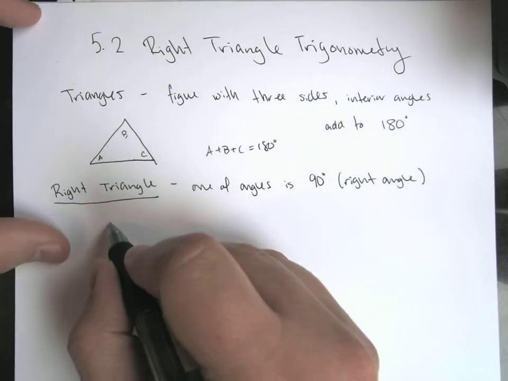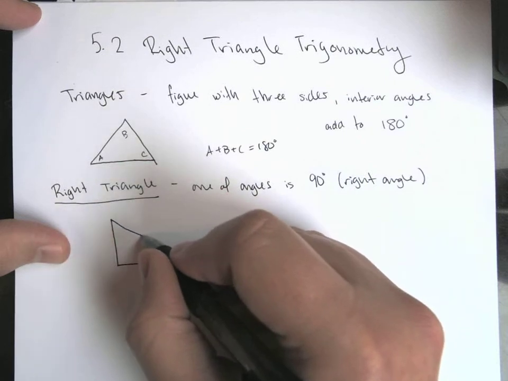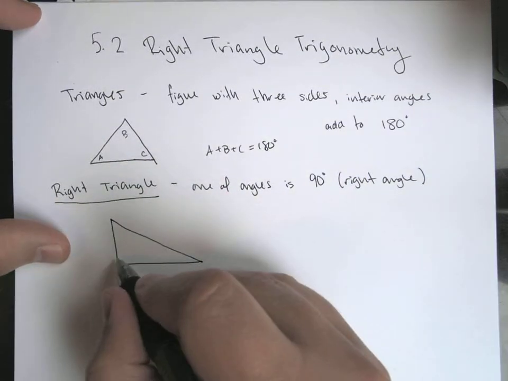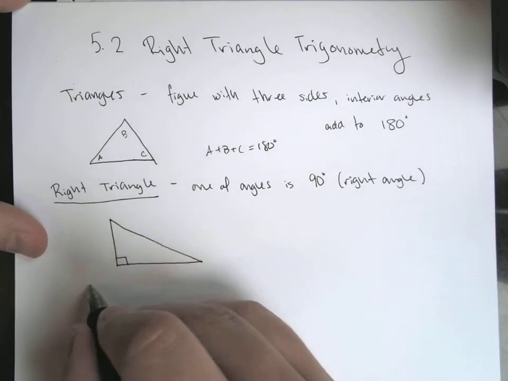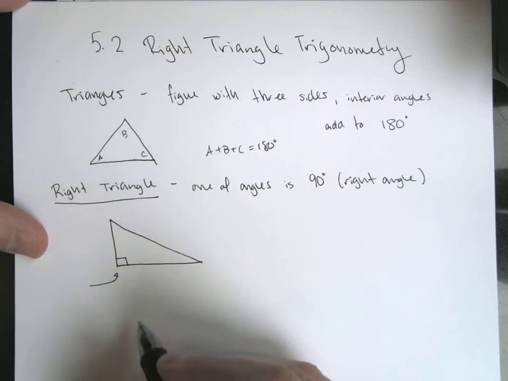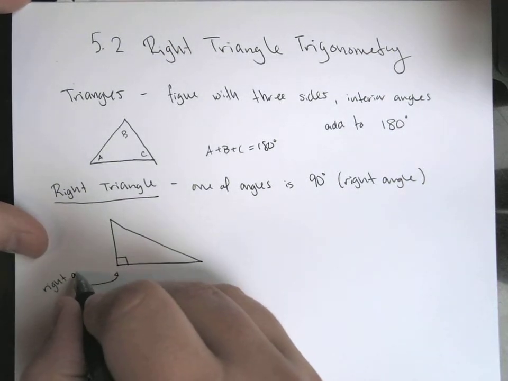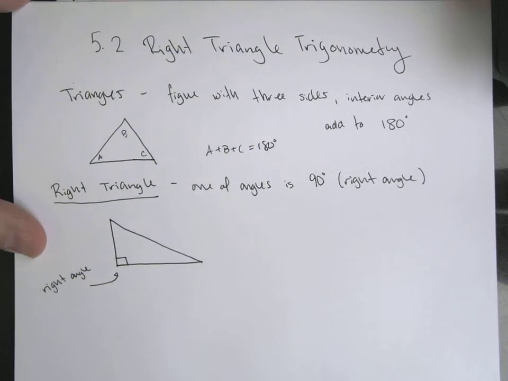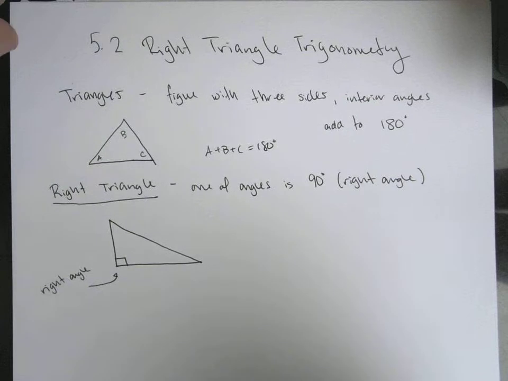So what we get is some sort of generic triangle like this, right? And one of our interior angles is 90 degrees, is a right angle. We're going to mark right angles with this little box, like so.